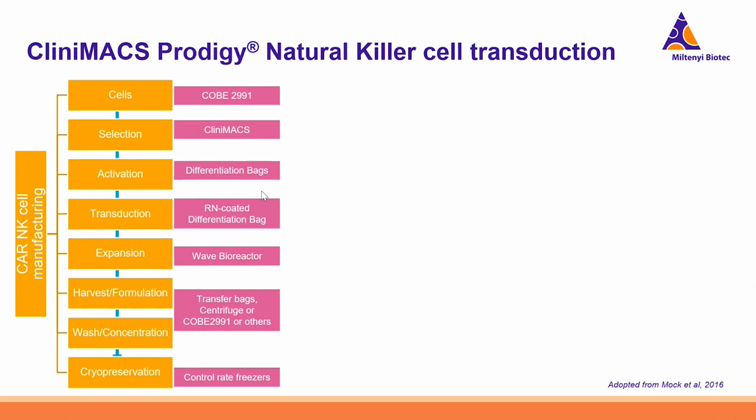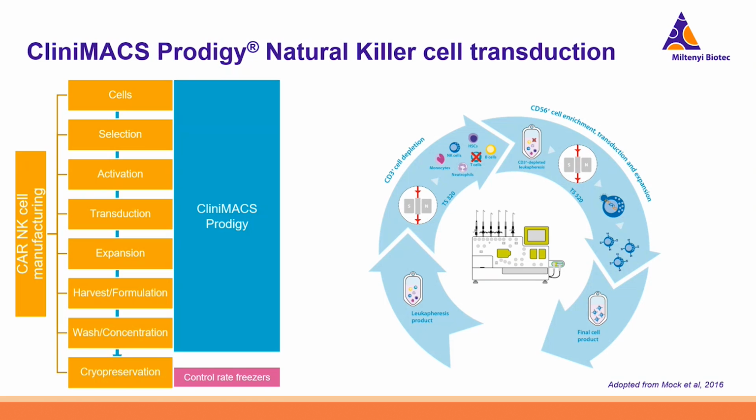But we have designed a process, the CliniMACS Prodigy NK cell transduction process, which allows you to close the system and do everything automated. Chao explained to you how the Prodigy works and what the specific characteristics of this instrument are, and we have taken advantage of this to present to you the natural killer cell transduction system.